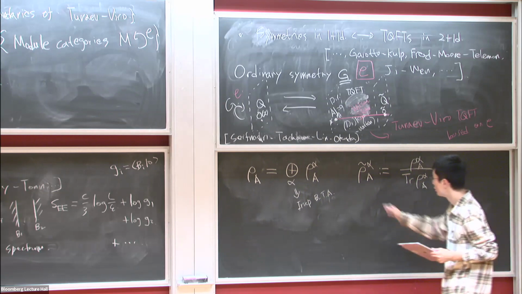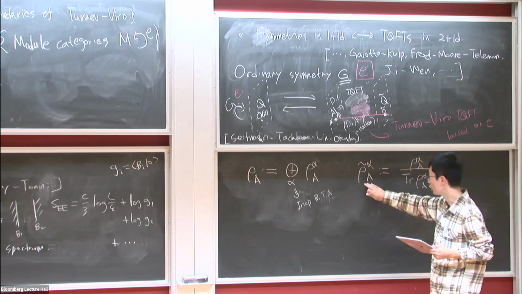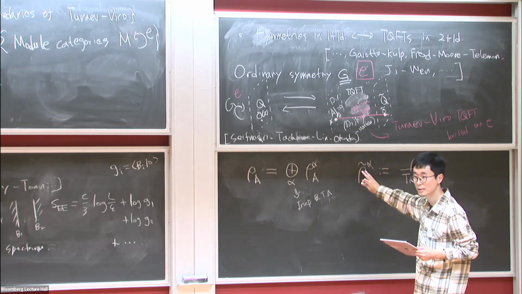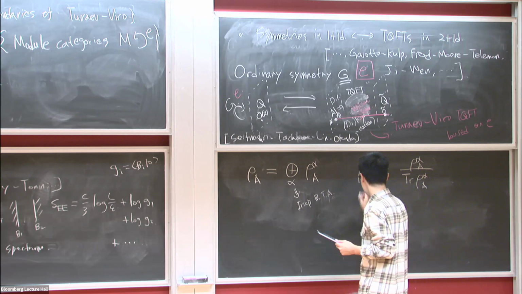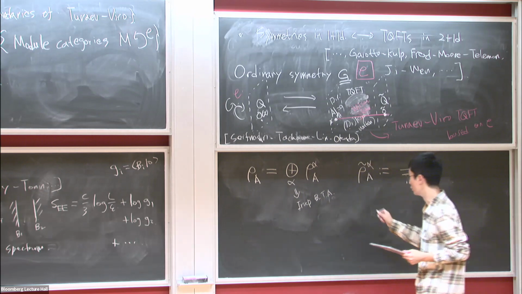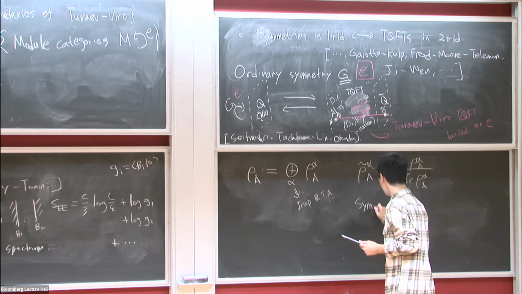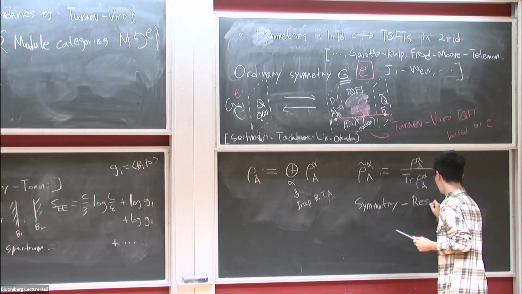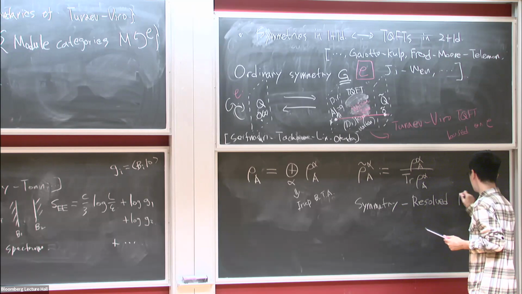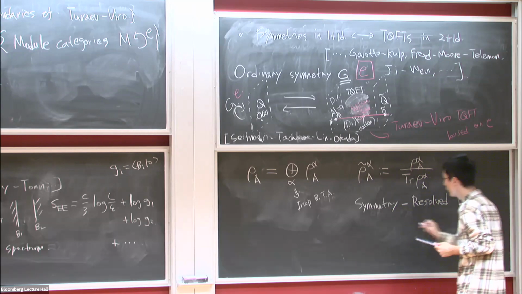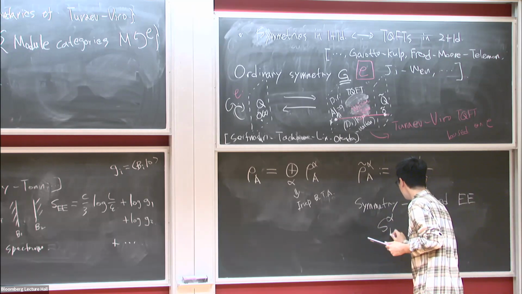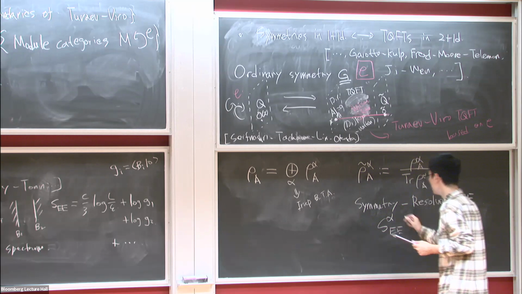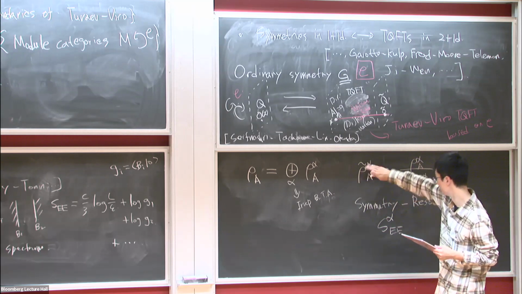In the literature, one can compute the von Neumann entropy for each of these blocks. These are called symmetry-resolved entanglement entropies. This is defined by minus the trace of rho log rho of this object.